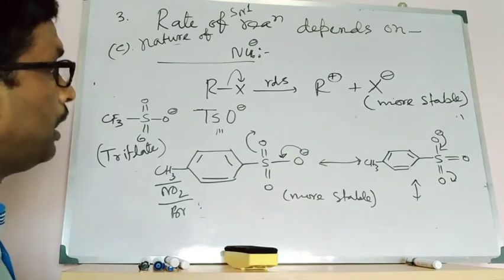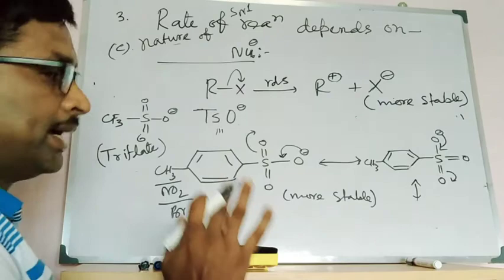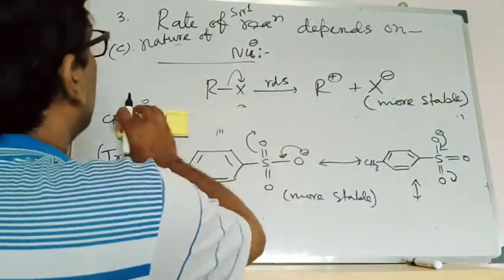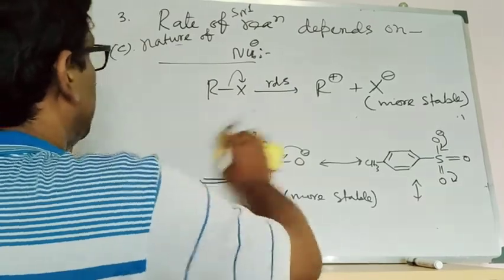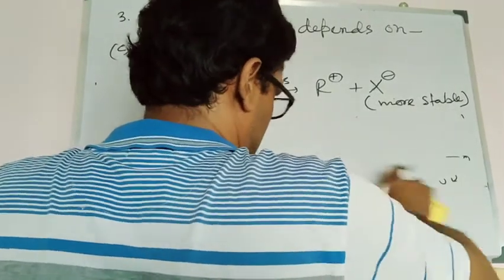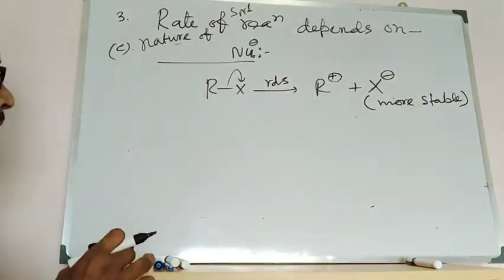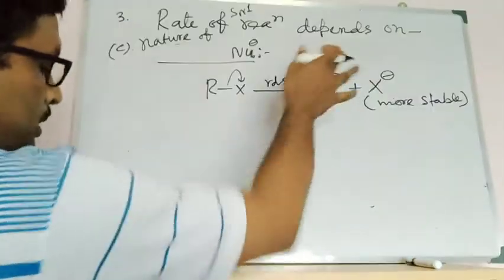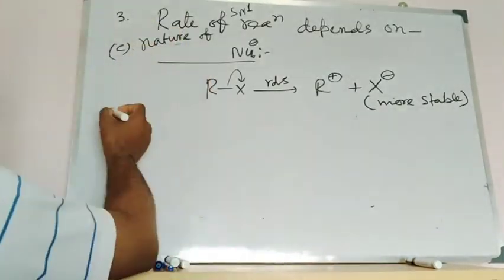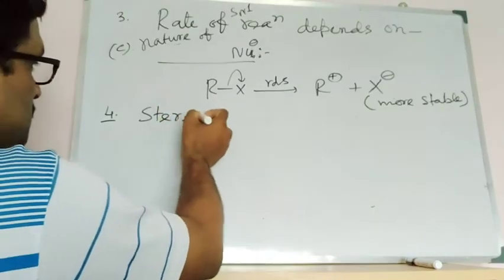That's why the rate of SN1 reaction does not depend on the nature of the nucleophile. So the nature of the nucleophile does not change the rate of an SN1 reaction, as it is not involved in the RDS. So this is number 3. Then number 4 is the stereochemistry. Okay?